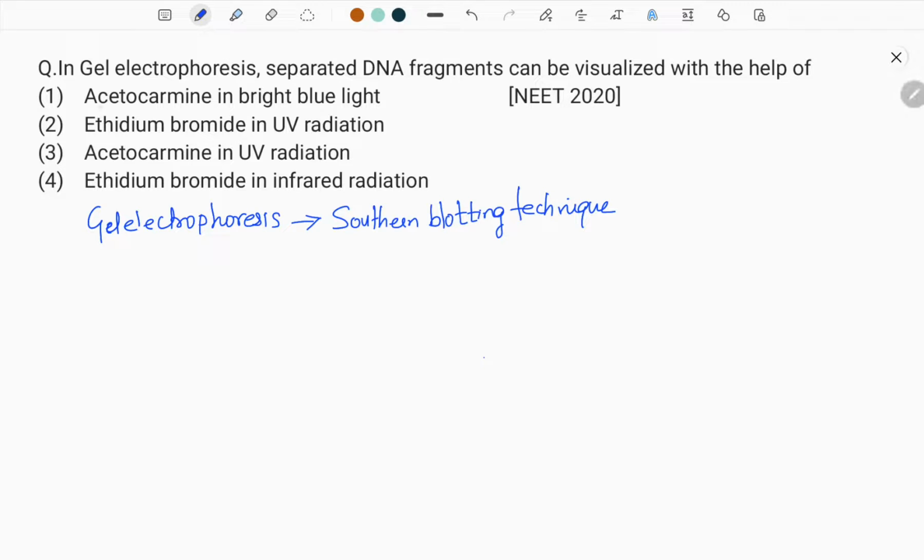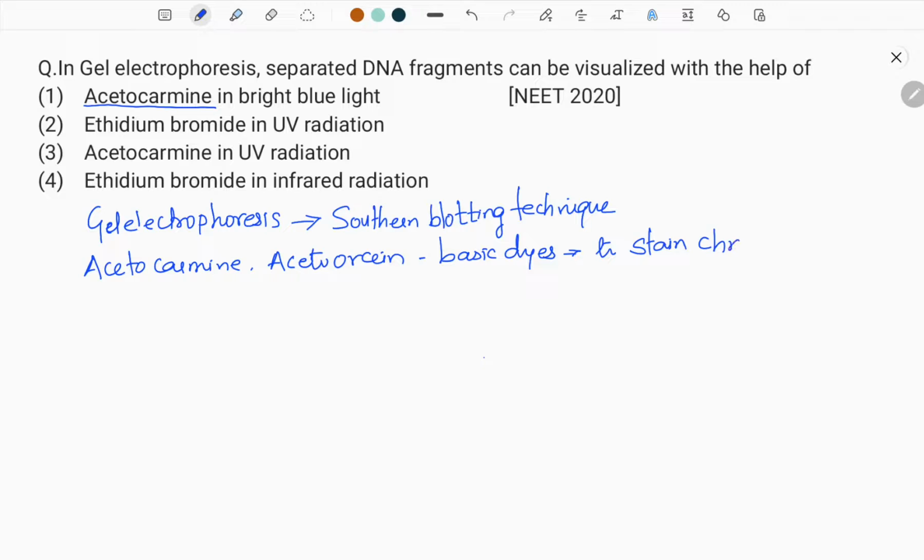So we have here another term that is called acetocarmine. Another is aceto-orcein. Acetocarmine and aceto-orcein both are basic dyes. These basic dyes are used to stain the chromosomes.